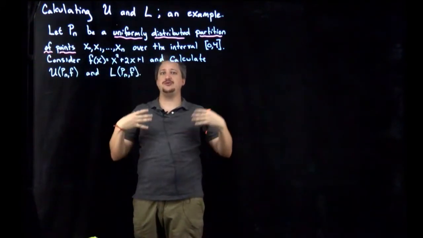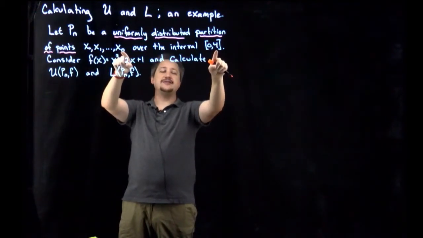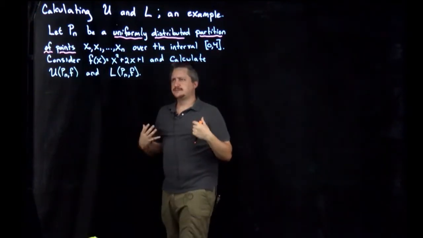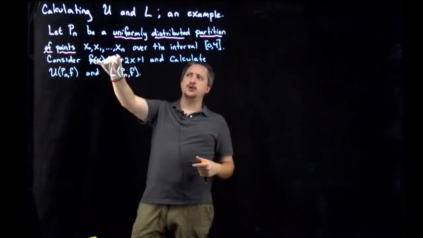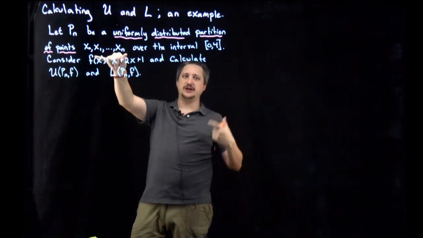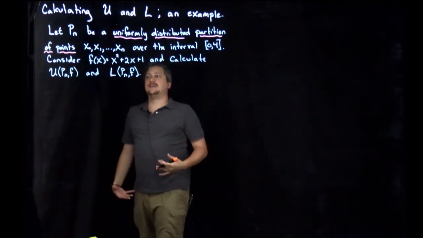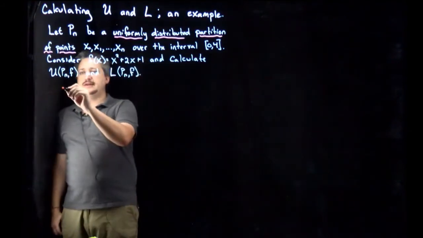So I'm making it into n rectangles because x0 is 0 and xn should be 4. So technically there's n plus 1 points here, but I'm actually making n rectangles, so I'm going to cut it into n pieces.